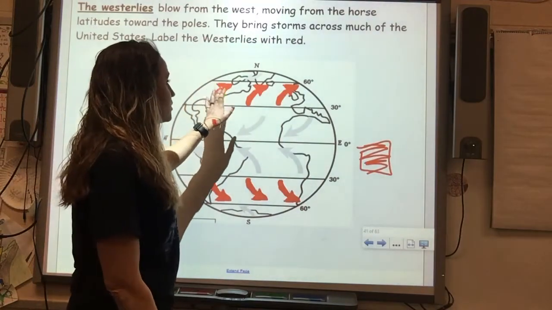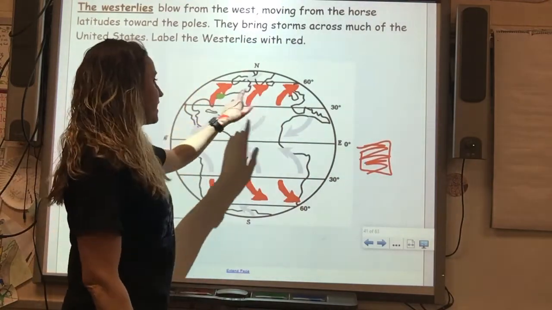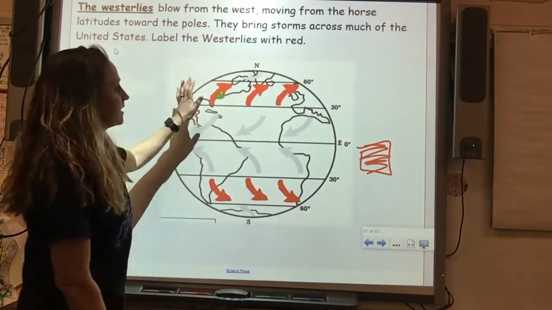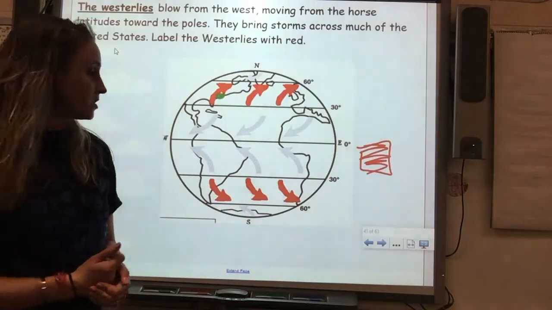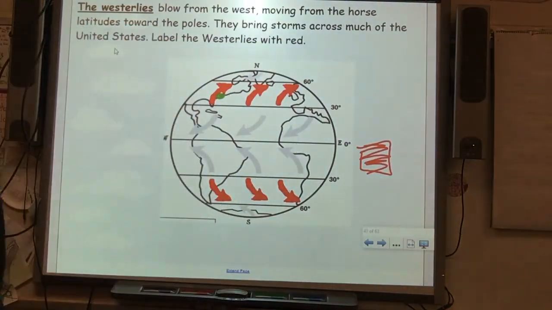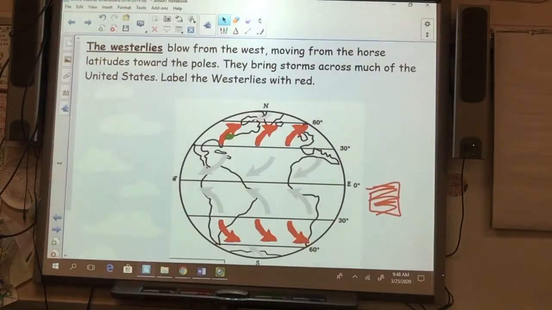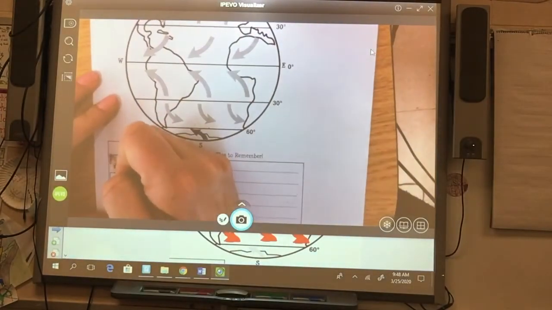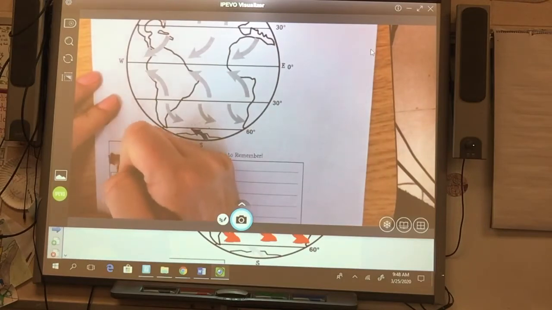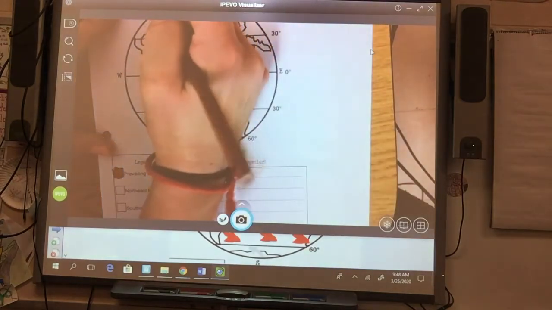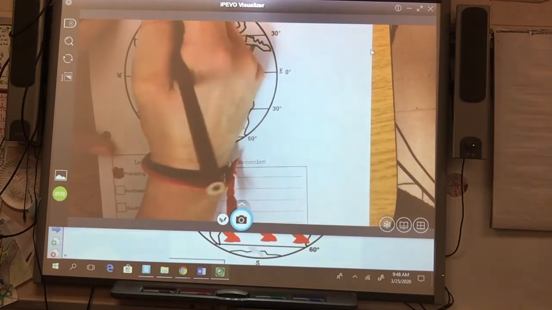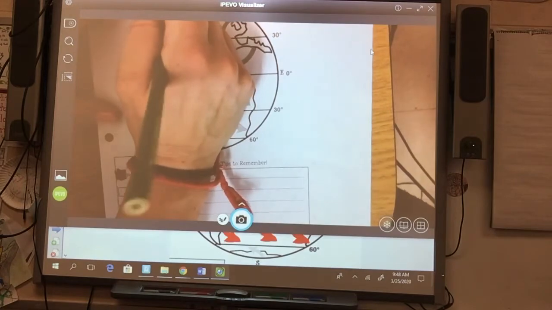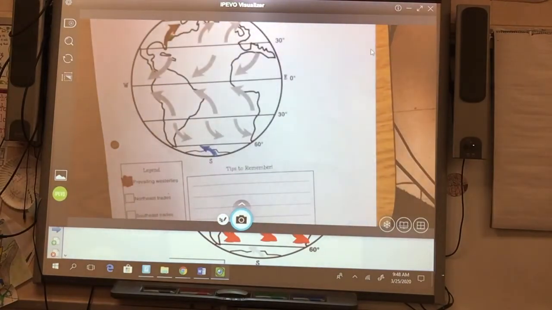So go ahead and label your westerlies with red. This little green dot right here, that would be us in North Carolina. And label your prevailing westerlies in red. You want to mark it on your map where we would be, so like right here under that red arrow right there.